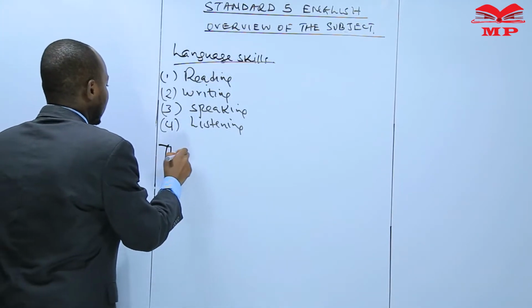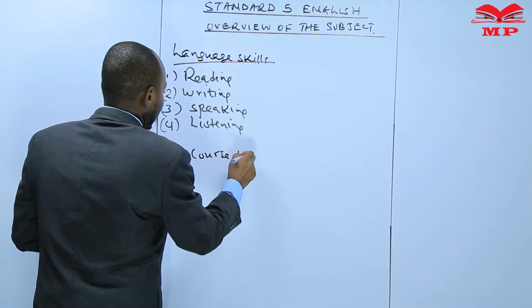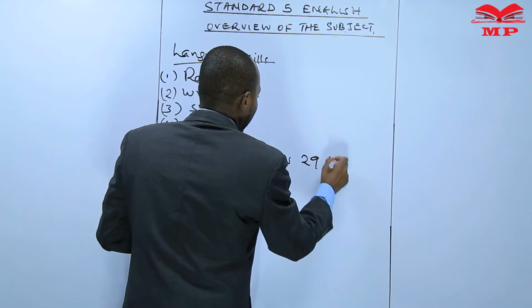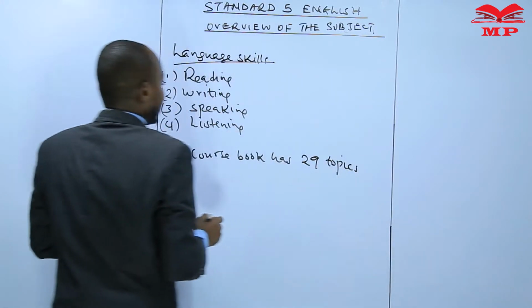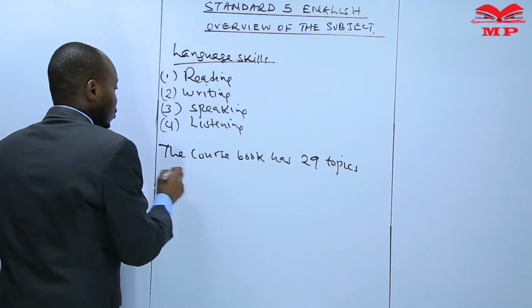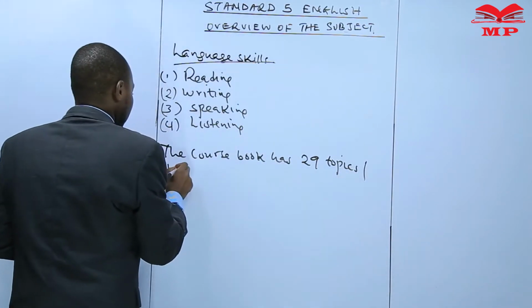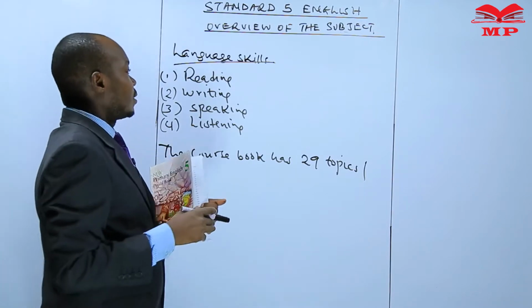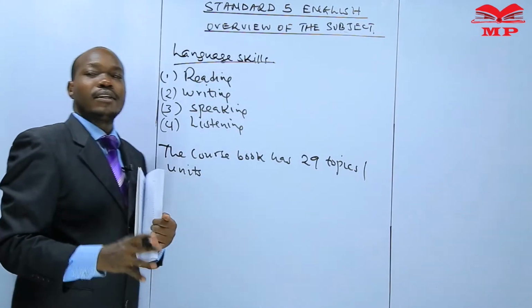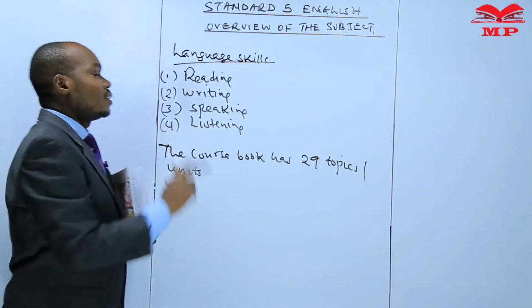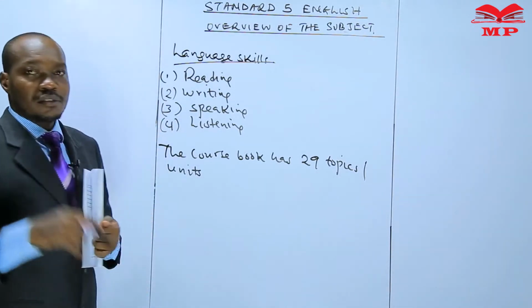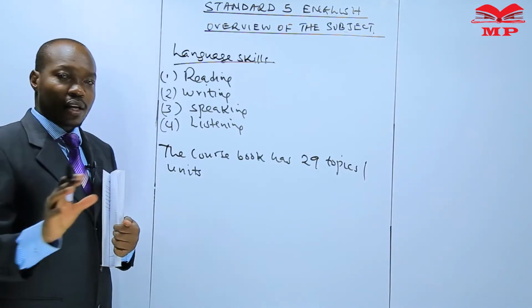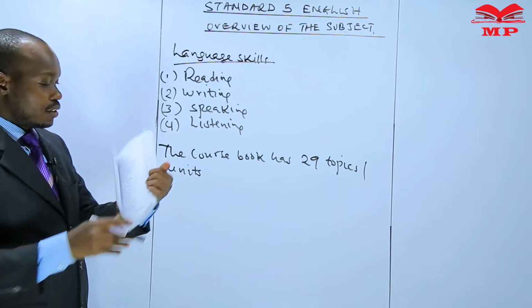So the course book has 29 topics, or what you call units, okay? And all these 4 skills are covered in each unit. So we're going to find reading, writing, speaking and listening in all the units that we're going to learn in the course of this journey, class 5 journey.